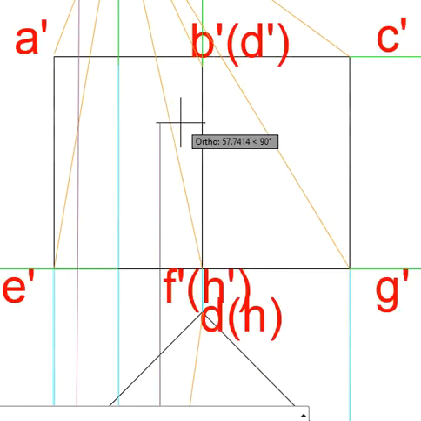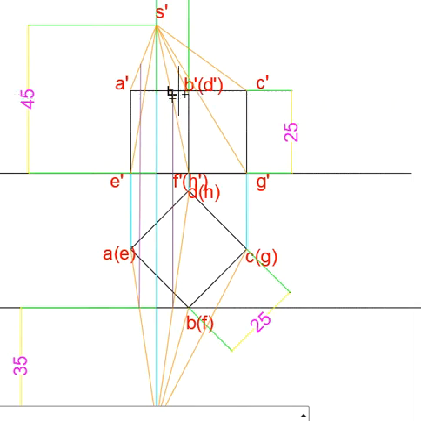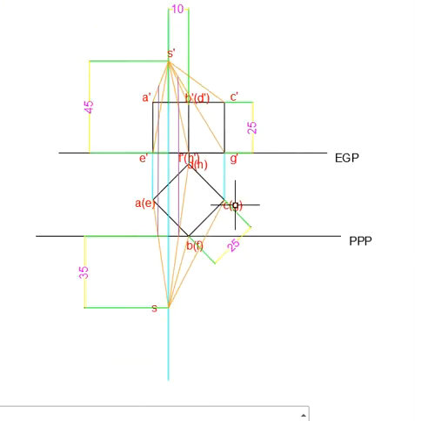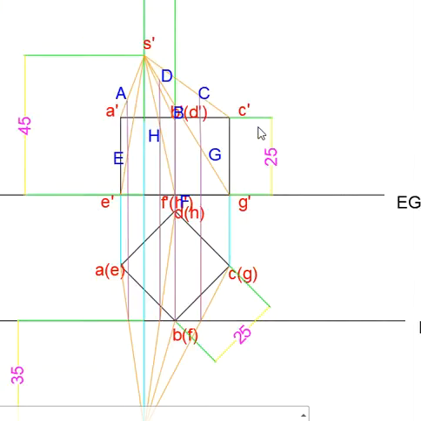Similarly, we will get capital F, capital D and capital H. See, by drawing like this, we'll get 8 points: A, B, C, D, 4 points on the top surface, E, F, G, H, 4 points on the bottom surface.